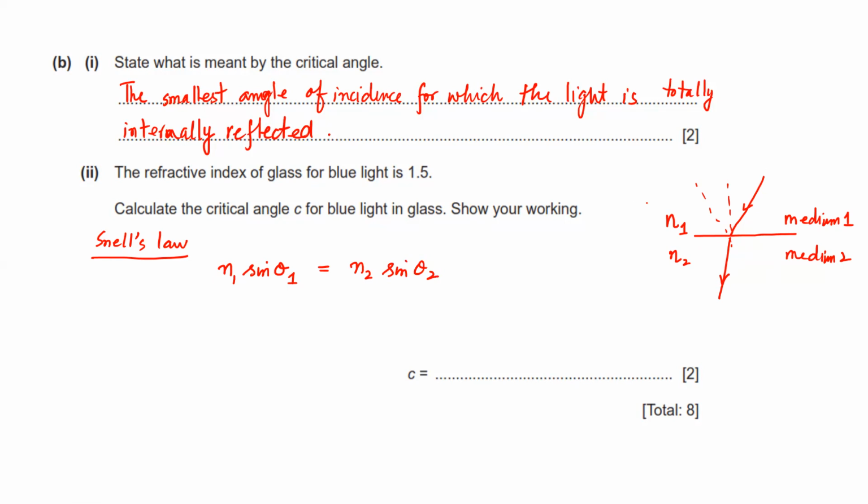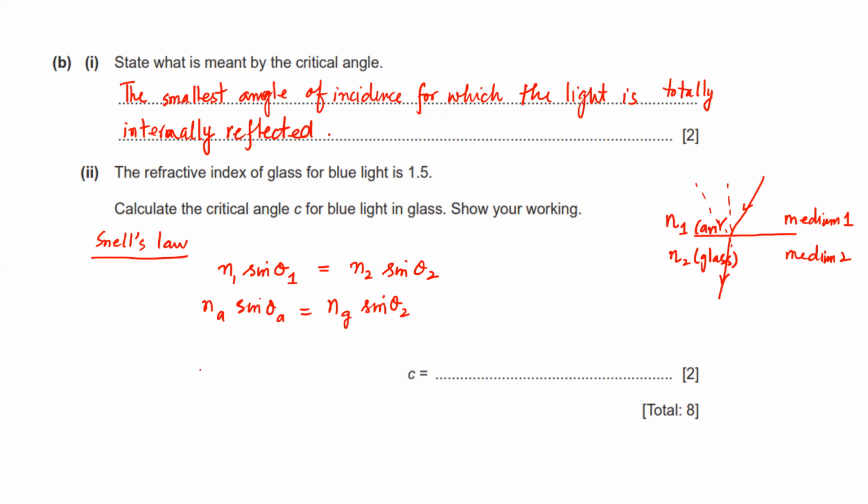So for example, N1 is your air and N2 is your glass. So this formula will be N air sine of theta in air equals N glass sine of theta 2 for glass.